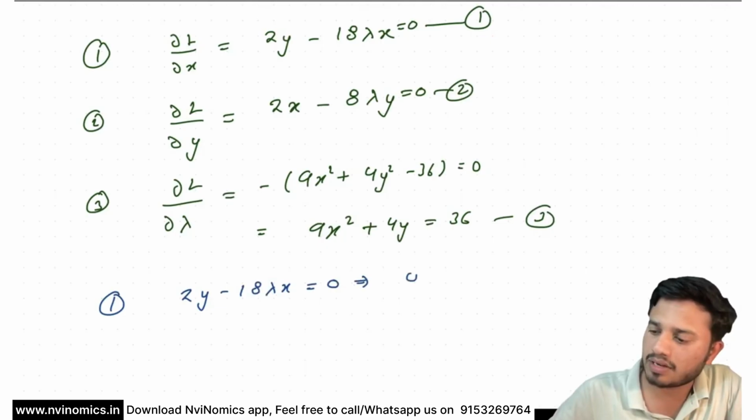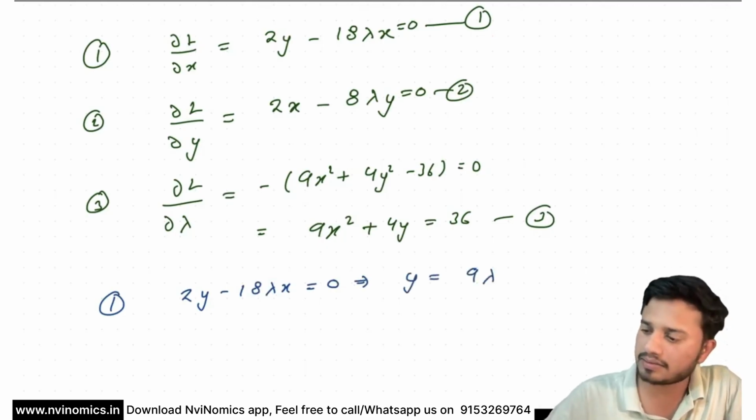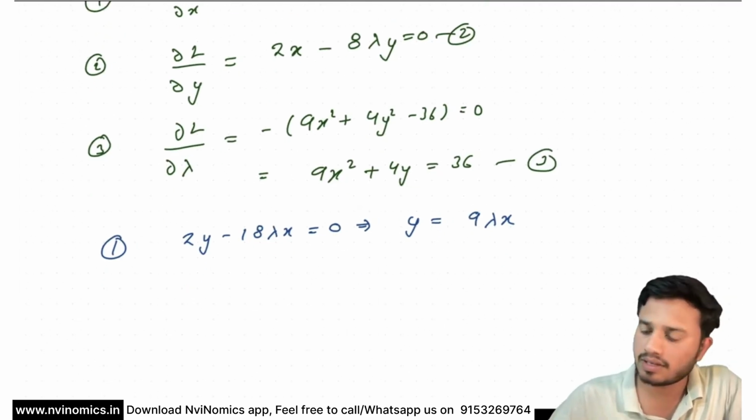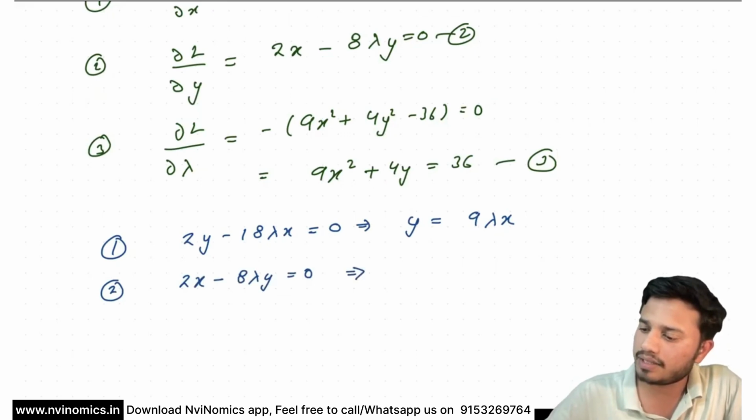That will give y equals to 9 lambda x. From the second equation, we have 2x minus 8 lambda y equals to 0. That will give x equals to 4 lambda y.